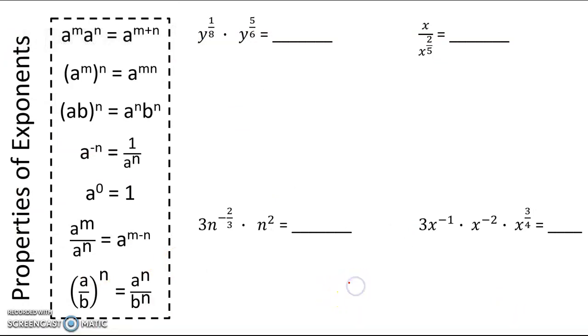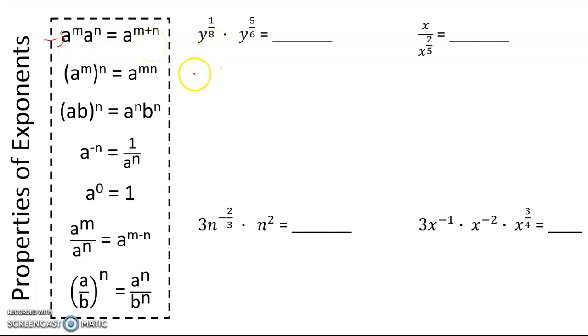Alright, so let's do those same problems, but let's use rational exponents, okay? Now, we have y to the 1/8 power times y to the 5/6. Remember, this is this rule right here. If we multiply these bases, we add the exponents.